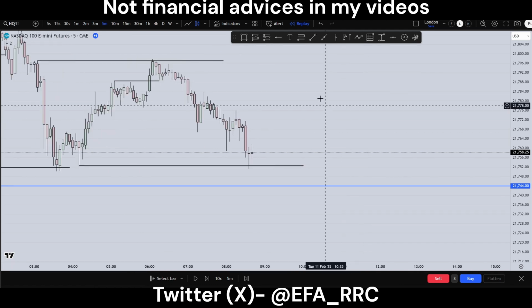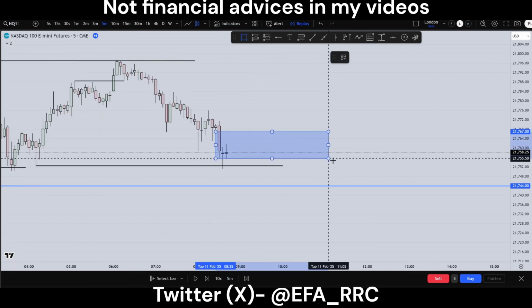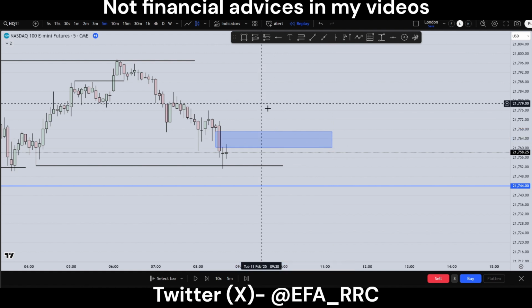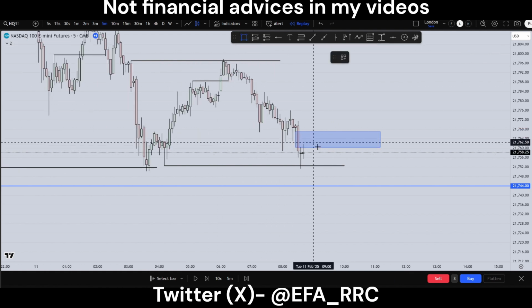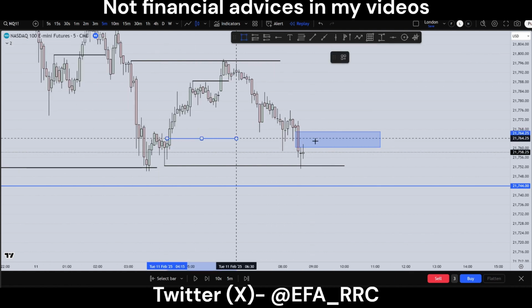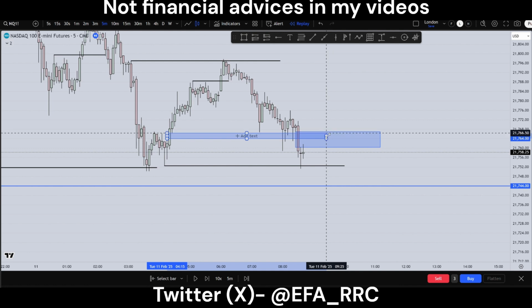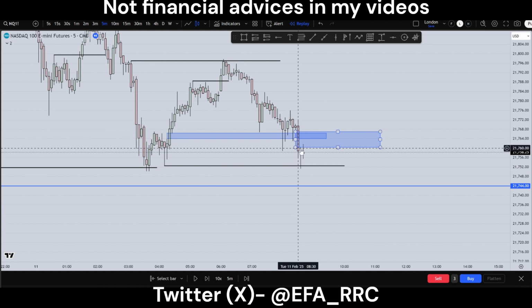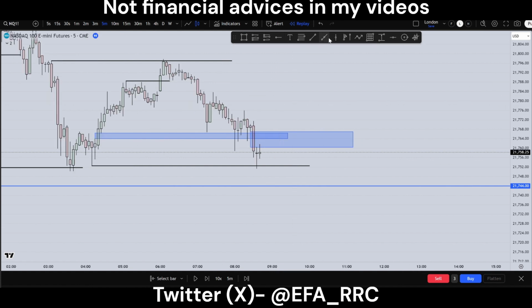What I use as point of interest, 90% of the time I use 5 minutes, sometimes together with 15 minutes. We have this 5 minute bearish fair value gap and 5 minute bullish fair value gap which fail. You can see we make a nice reaction and then a strong close down, which is the only confirmation we are going for that liquidity below.